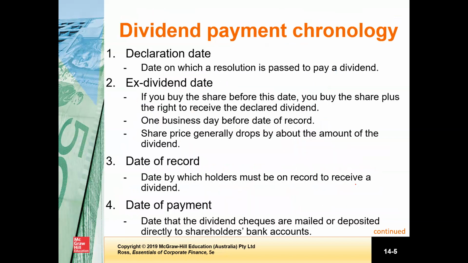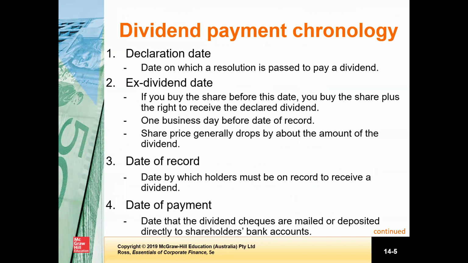So these are essentially the dates. Let me say a few more points about these dates. I think declaration date, you are all clear that this is the date on which the board of directors declares that, for example, $1 per share dividend will be paid.